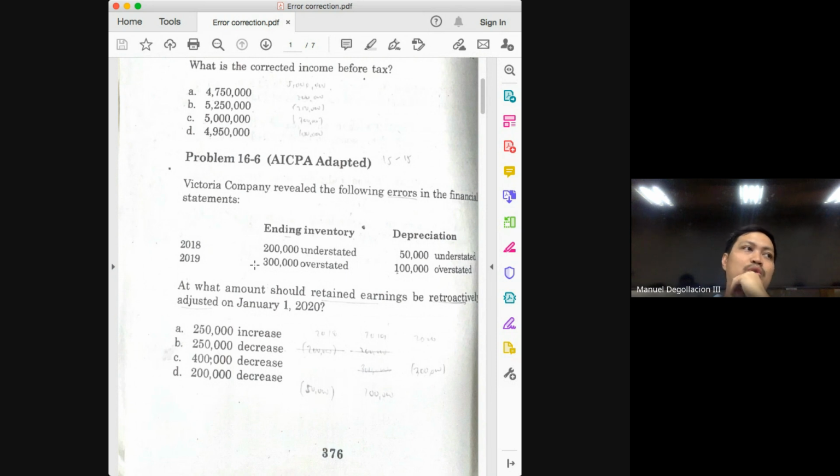And what will you get when you add those two? Beginning inventory and net purchases. You would get total goods available for sale, or TGAS. And then once you have your TGAS, what do you do? Deduct your ending inventory.